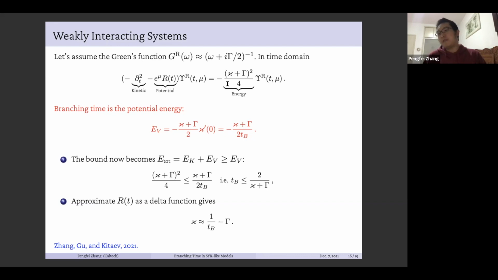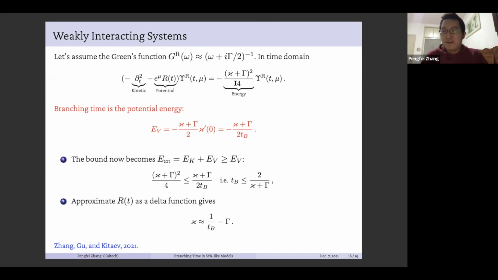It takes the form of the Schrödinger equation, where the first term, the derivative in time, is like the derivative in the spatial direction in the one-dimensional Schrödinger equation, a kinetic term. The second term, which is proportional to the function R, is like the potential energy in the scattering problem. And the last term is like the total energy of the system.